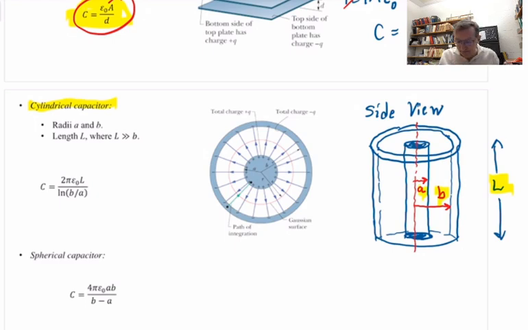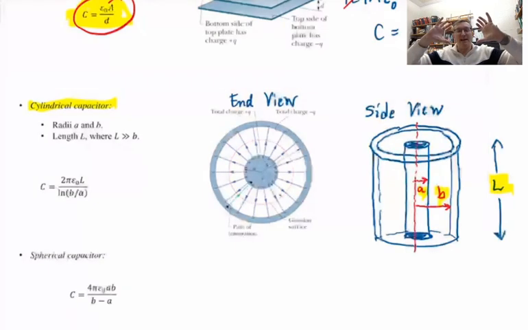Okay? But we always draw it that way because it's too cumbersome to draw it really long. Now, this view over here is, if you like, an end view. If you took the cylindrical capacitor and you tipped it and looked at it end on, then you'd see the solid inner conductor of radius A, and then the conducting shell around it.